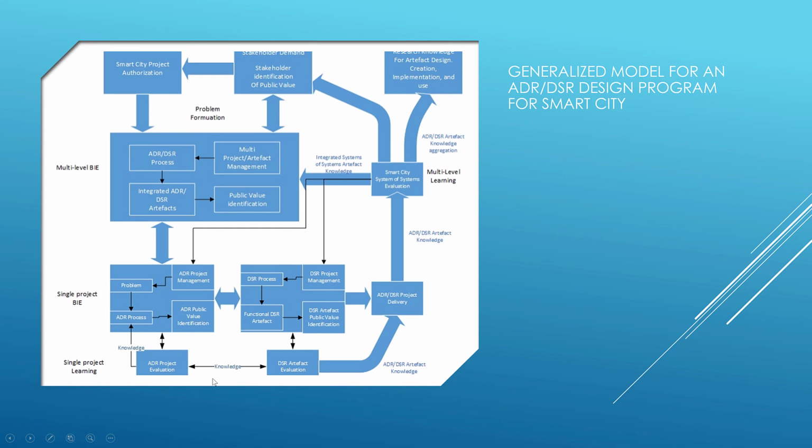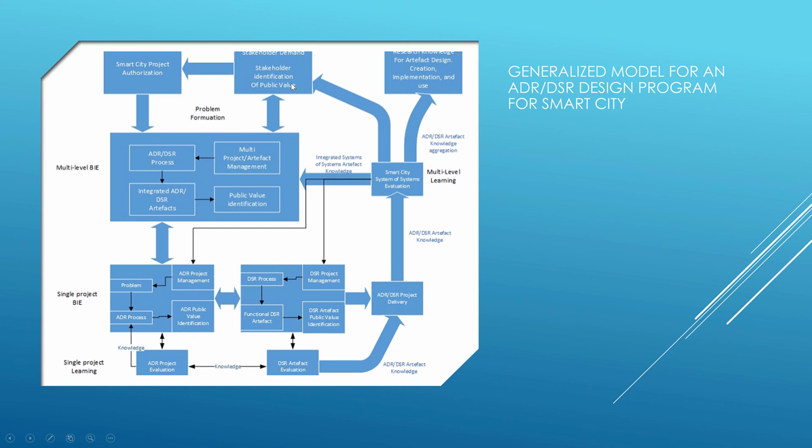The knowledge is recorded from the design process, the knowledge is recorded from the build process, and of course the knowledge from the use of the system. The project finally is delivered, and the project is then evaluated as part of the holistic city and optimized to optimize the results of the whole rather than optimizing the results of the individual system.